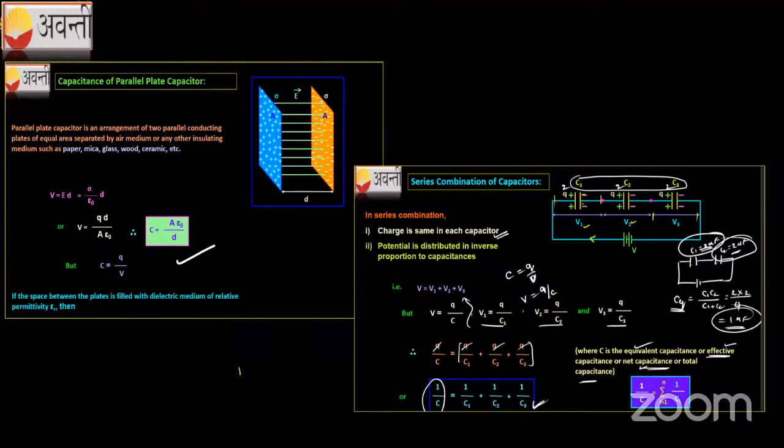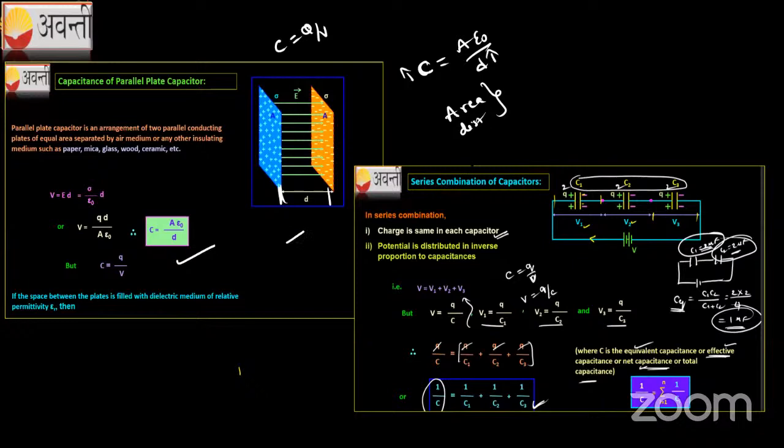We got A epsilon naught divided by D. Generally, capacitance can be calculated using the formula Q by V. In a parallel plate capacitor, the capacitance depends on the area A, the distance D between the two plates, and epsilon naught, the medium between the plates. If the area increases, capacitance increases, but if the distance D between the plates increases, capacitance decreases.